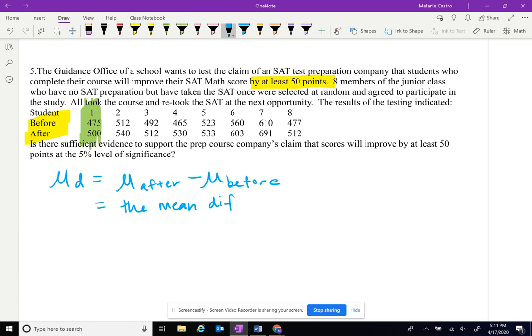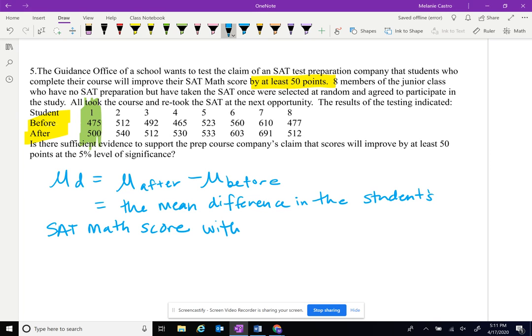So this would be the mean difference in the student score on SAT math with the SAT prep.